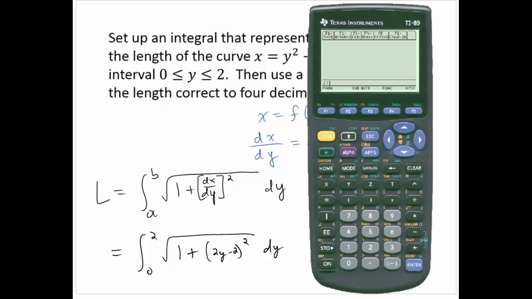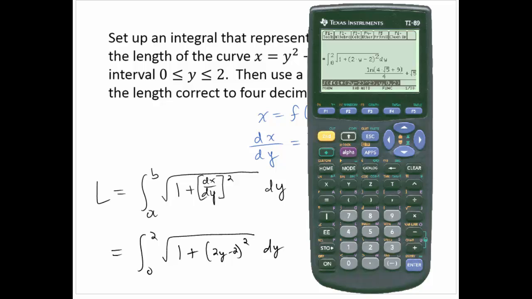There's my integral symbol, square root of 1 plus open quantity 2y minus 2 closed quantity square, close the radical, comma, with respect to y from 0 to 2.